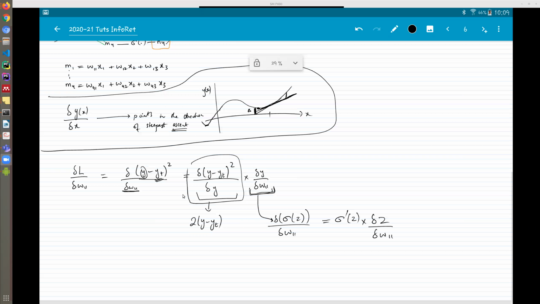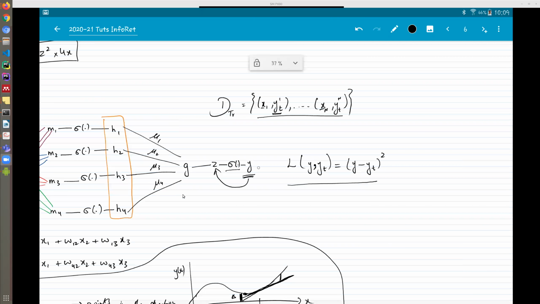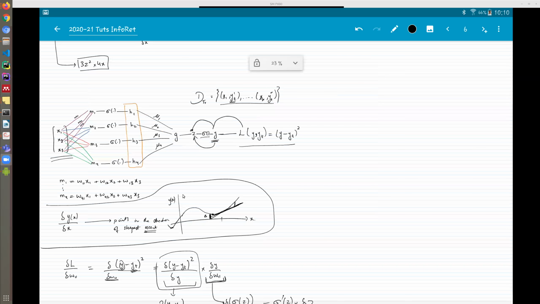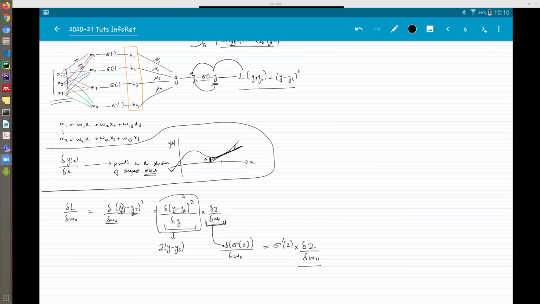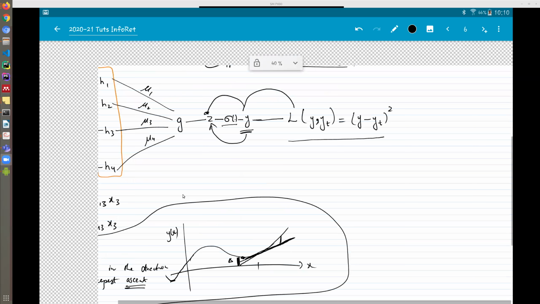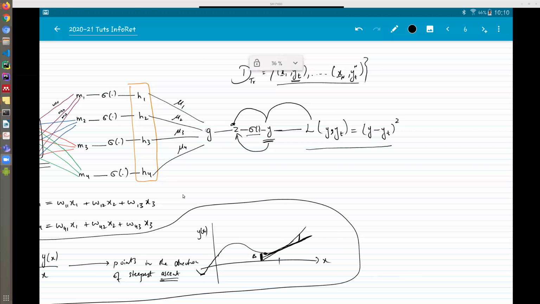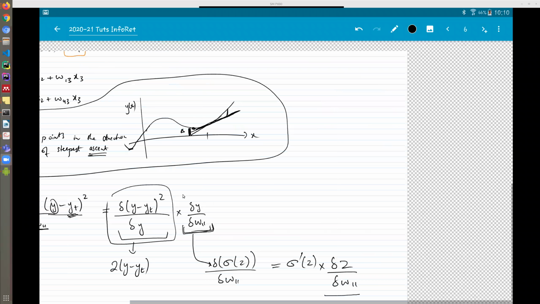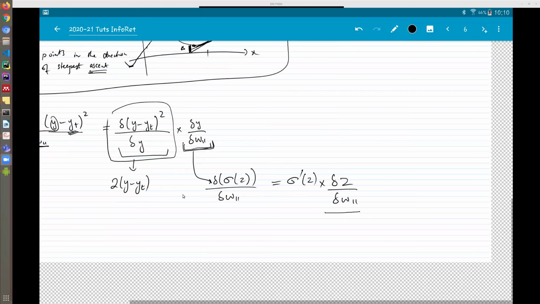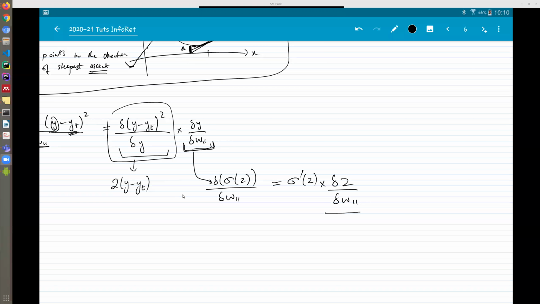So you're getting my point. What we did is we moved from loss to y, from y to z, and now we are at this point: partial of z with respect to w11. We can see that z is equal to g of all these mu's. This was one of the questions and one of the confusions during the lecture.